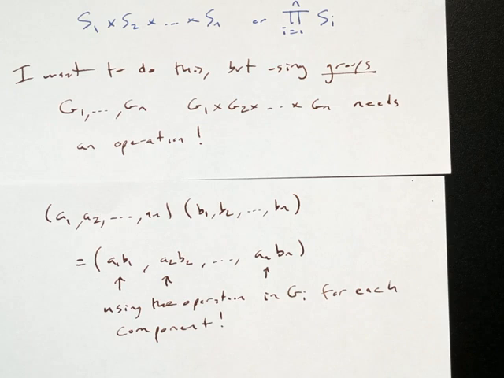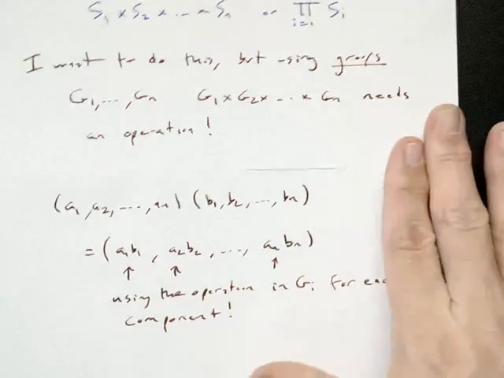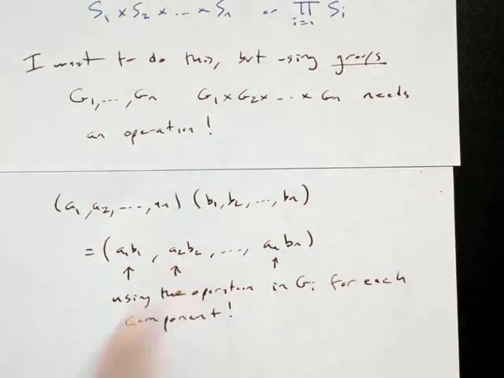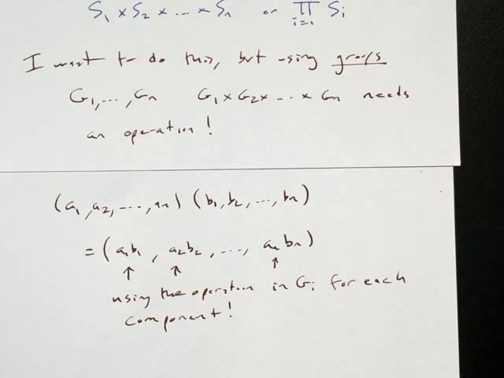But we know, we showed, you should have showed, that this is a group. Which means what? Which means it's closed. If I take 2 ordered n-tuples like this, and I do this component-wise multiplication, A1, B1 is still an element of group 1. A2, B2 is still an element of group 2, and so on.